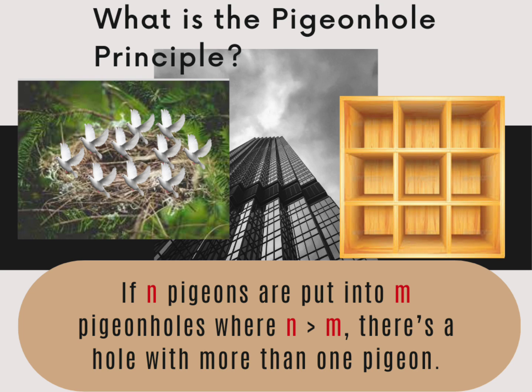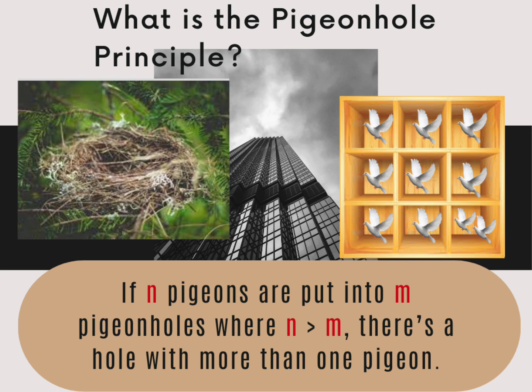Now the Pigeonhole principle says that if n, which are the pigeons, are put into m, which are the pigeonholes, where n, the pigeons, are more than m, the pigeonholes, then there's a hole with more than one pigeon. So as you can see here, we have the 10 pigeons.